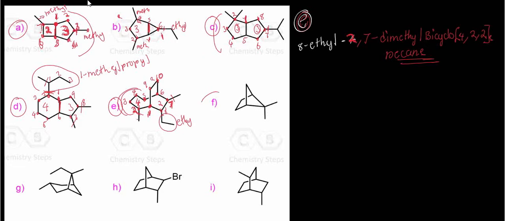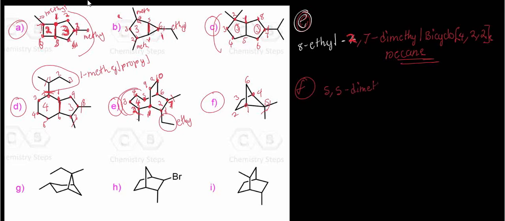So let's go to F. We have 1 here and this part. So this will be my 1, this is my 2, my 3, my 4, my 5, then my 6, right? So these are the methyls which are there. So I will have 5, 5 like that.